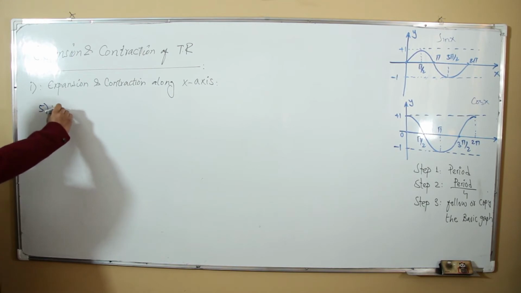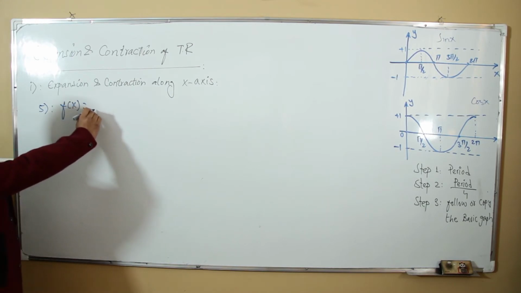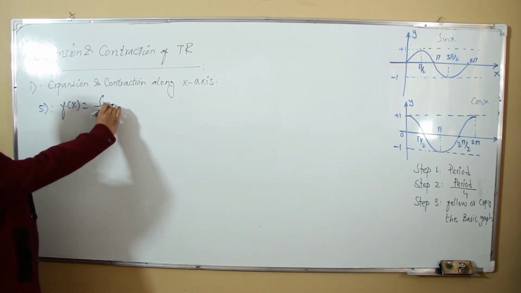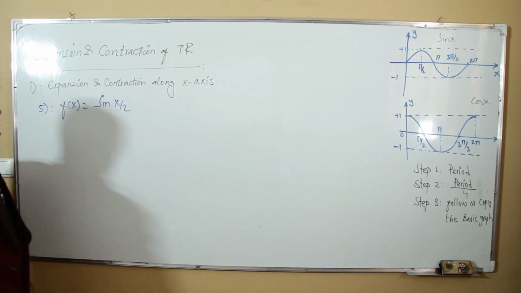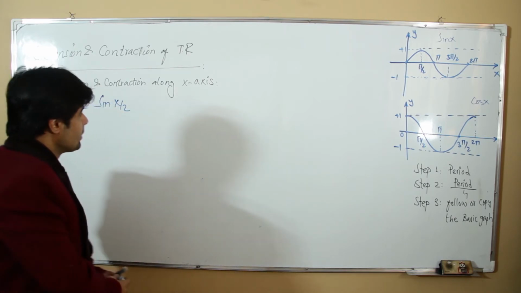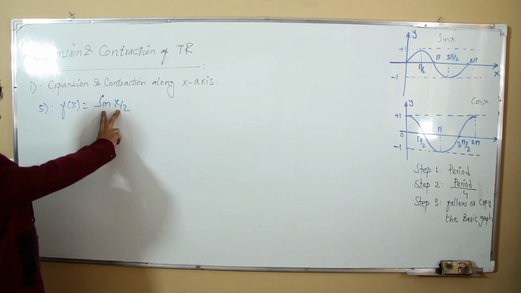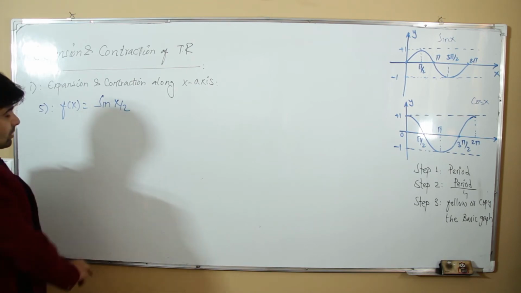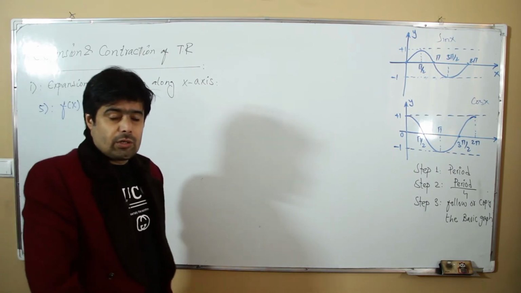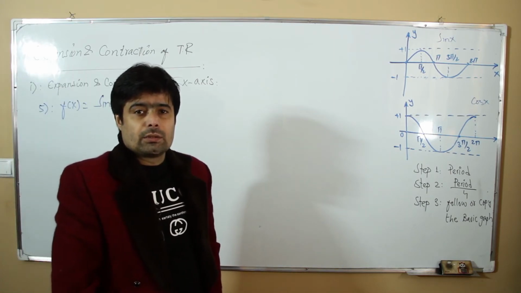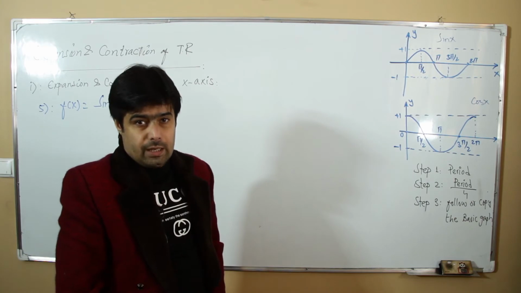Example number 5. Fx is equal to sine x divided by 2. Now what do you think? Is this one an expansion or contraction along x-axis or not? Yes, it is. Why? Because along x-axis the graph is written like sine nx or cosine nx.